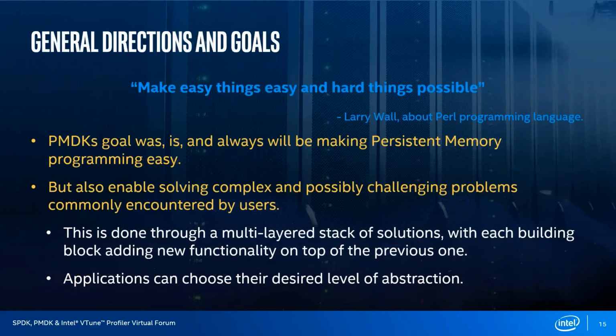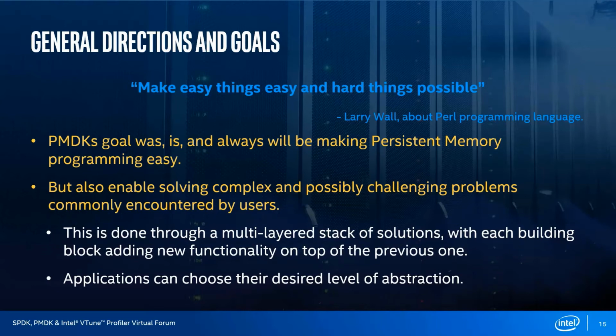A general direction and goal that we have, and had from the beginning, was to make persistent memory programming easy. And when I think about that, I come to the conclusion that not everything can be easy.